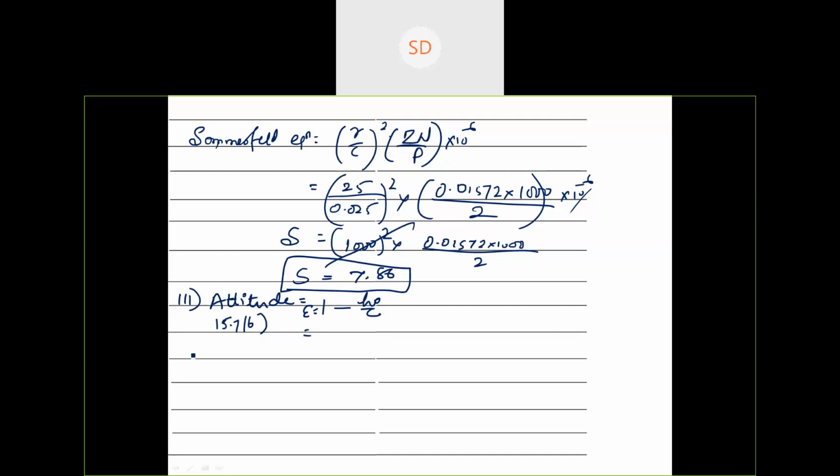Now we'll get the value of h naught by c here. Okay. H naught by c. So to get the value of h naught by c, you refer to figure number 15.9.